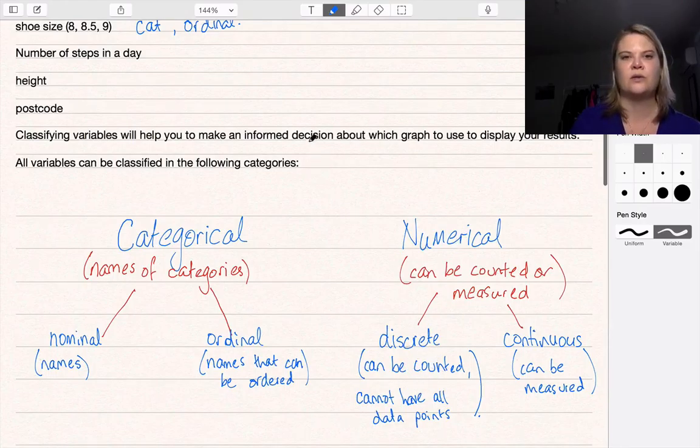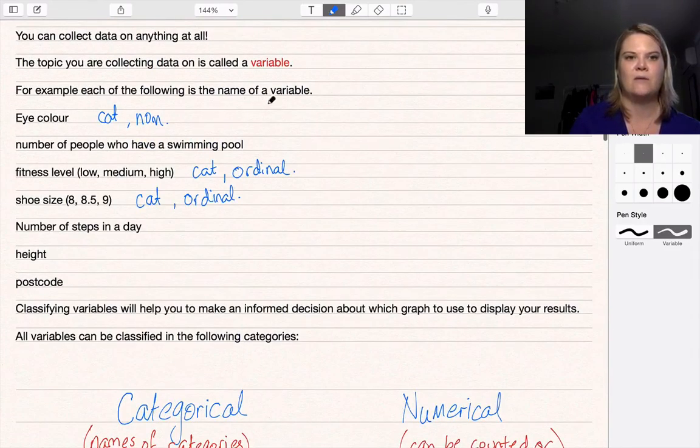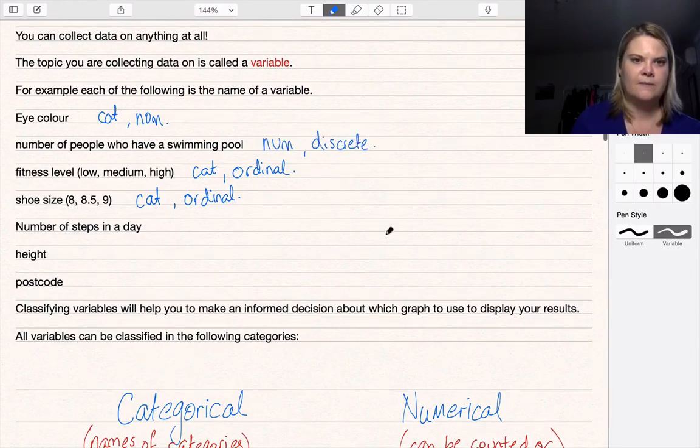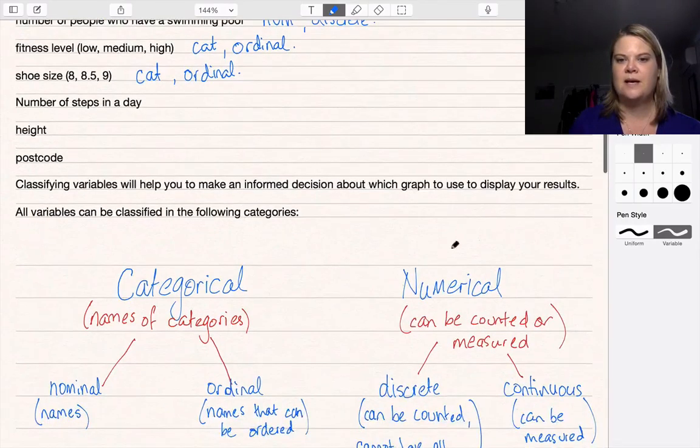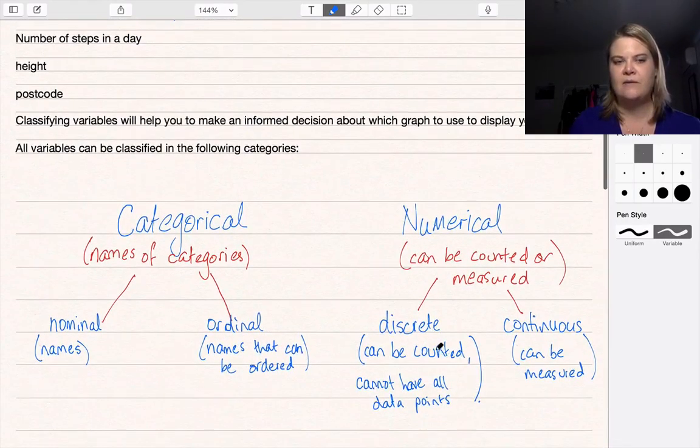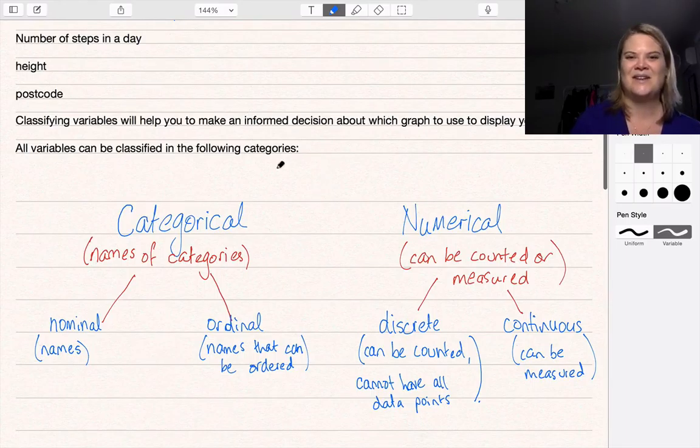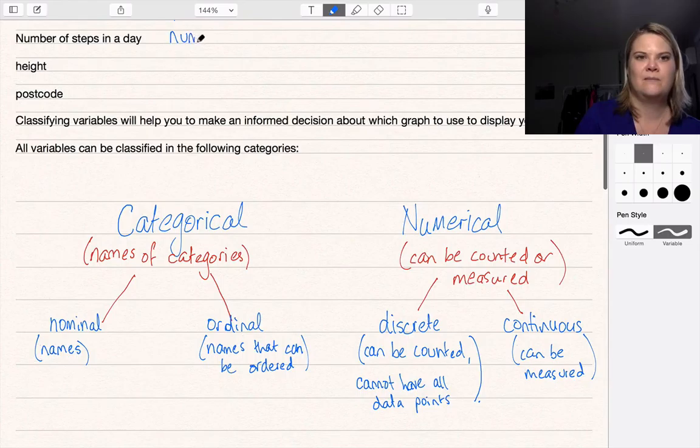So numerical discrete is for number of people. Number of steps in a day, again, if we're just assuming we're going for the total number of steps, you can't have 34.2 steps. It's pretty difficult to do 0.2 of a step. So this would be numerical and discrete as well.